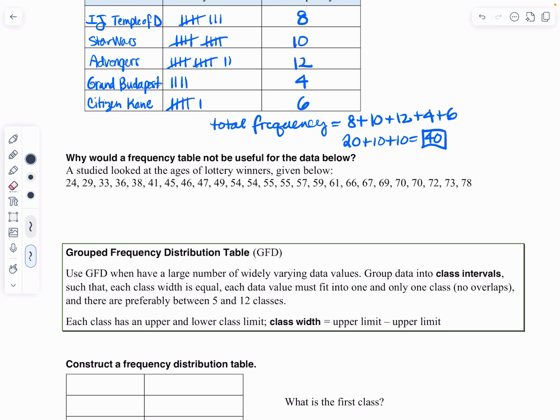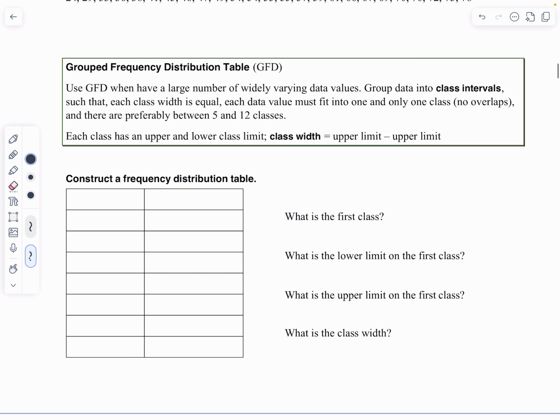All right, let's look at the next one, grouped frequency data. We use grouped frequency data when we have a large number of widely varying data values. Data values are grouped into what's called class intervals, such that each class width is equal and each data value must fit into one and only one class, no overlapping, and there are preferably between 5 and 12 classes.